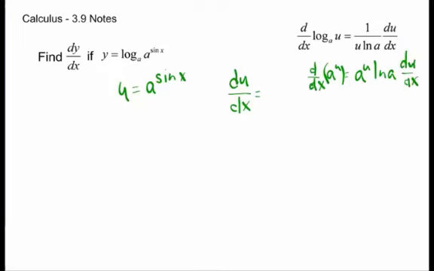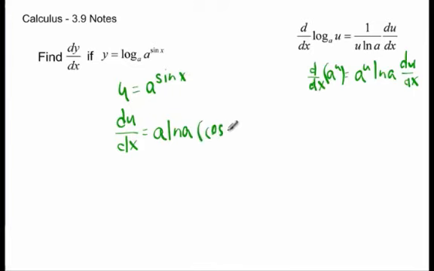So again, we're going to have another little substitution come along with this. Well, follow the pattern. What is a? Okay, what's in the a spot? A. What's in the u spot? Sine x. So a to the sine x, natural log a, and the derivative of the sine is cosine. So here's our derivative, and it matches our rule, and that's our u part.